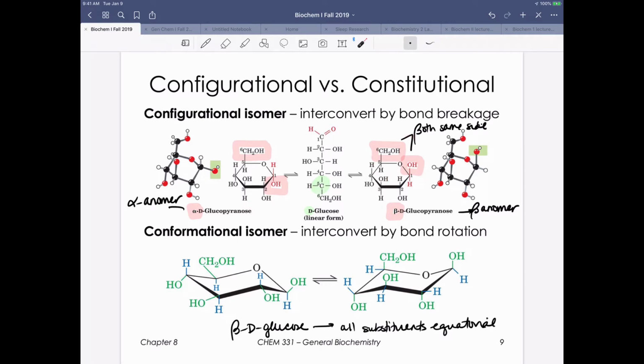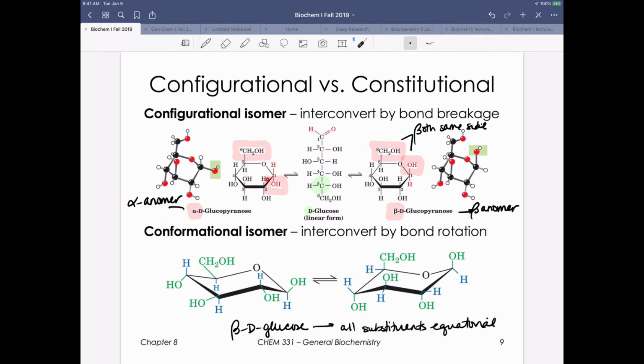So glucose, specifically D-glucose here, can exist in two different anomers, the beta anomer or the alpha anomer. To interconvert between these requires breaking this anomeric bond. So to get back to an open chain form, we would have to break this bond here and then recyclize coming from the opposite face of the carbonyl to generate the other anomer.